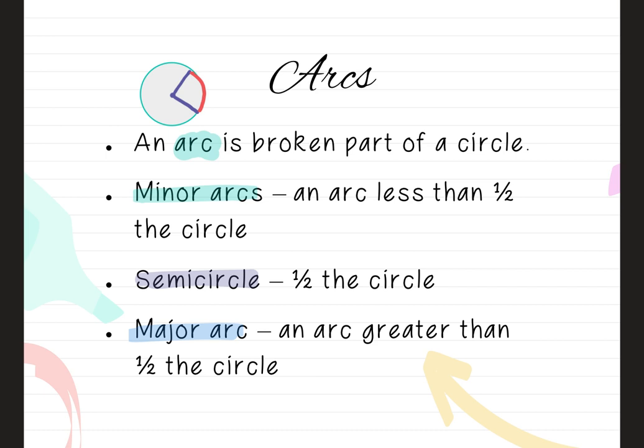So less than 180 is minor, equal to 180 is the semicircle, and greater than 180 is the major arc. So you're going to classify these. The whole circle would be 360.